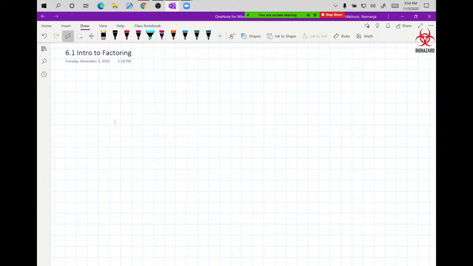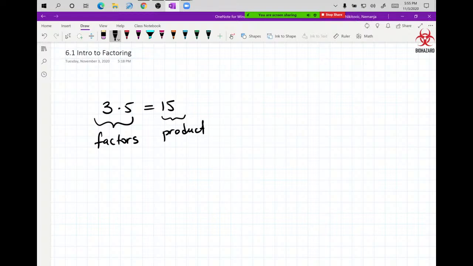Now, before we go into any of those, what is factoring? Well, when you have multiplication and you say 3 times 5 equals 15, these two guys are called factors. And this one over here is called the product, which is the answer of multiplication.